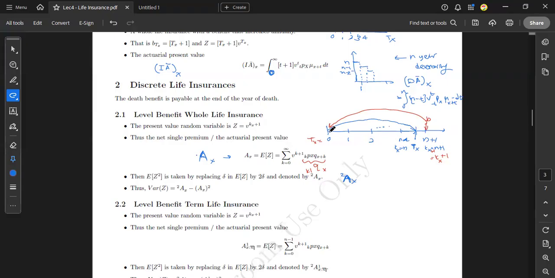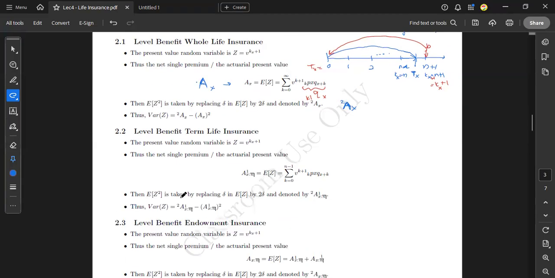So this coverage period for the whole life is unconsiderable because we know that the insurer will pay the benefit at any time of the future lifetime. But for the term life case, the coverage should be so the death should occur within the coverage period.